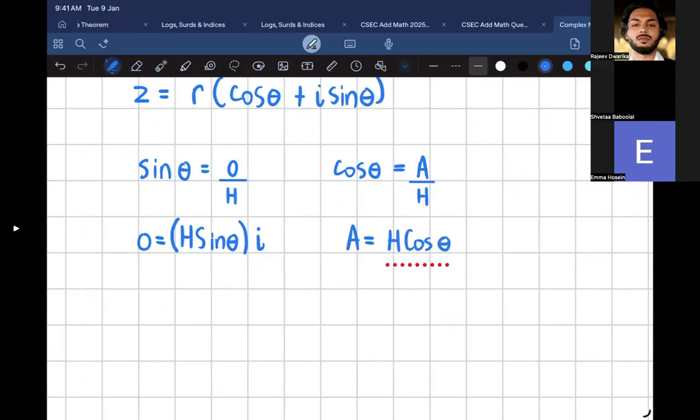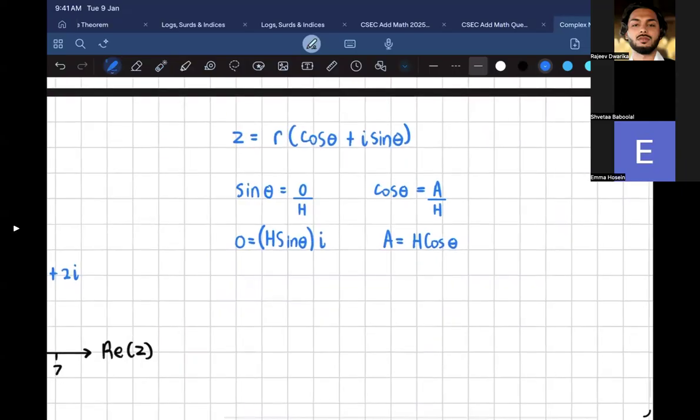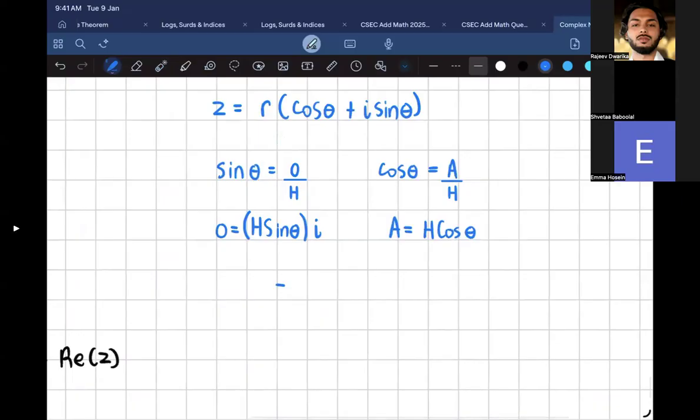Are you confused? No. A complex number is given by its real part plus its imaginary part.